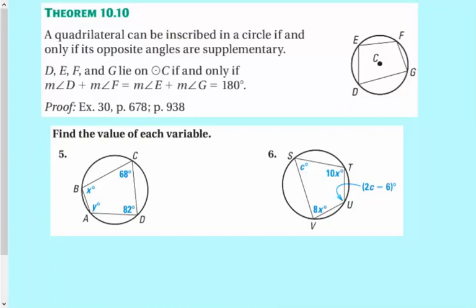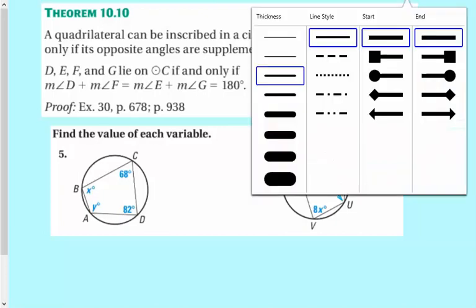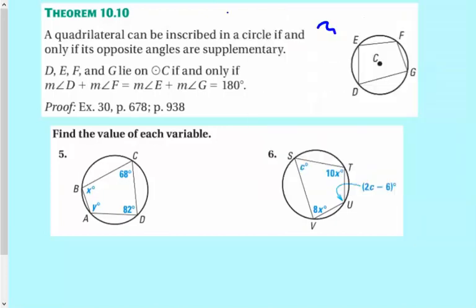So finding the values for each variable is pretty straightforward stuff here. We're just going to do some algebra. So 68 and y have to be supplementary, so that means that y has to be 112. 82 and x have to be supplementary, so that makes that 98.